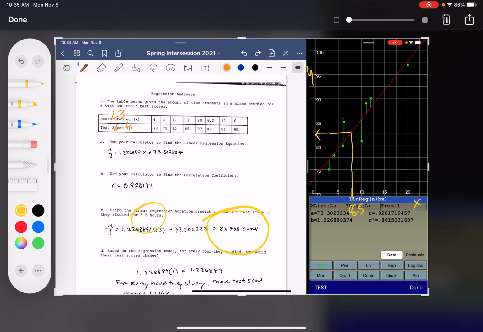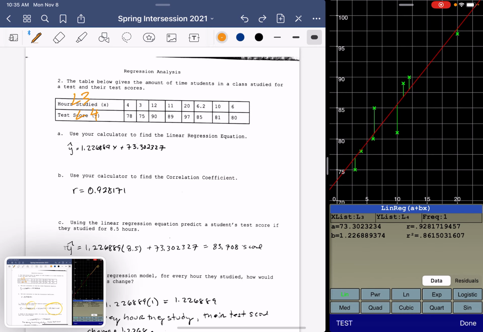Okay, so this red line gives us the best straight line based on all of our data points, based on some calculations, right? The residuals, if you remember our lecture.